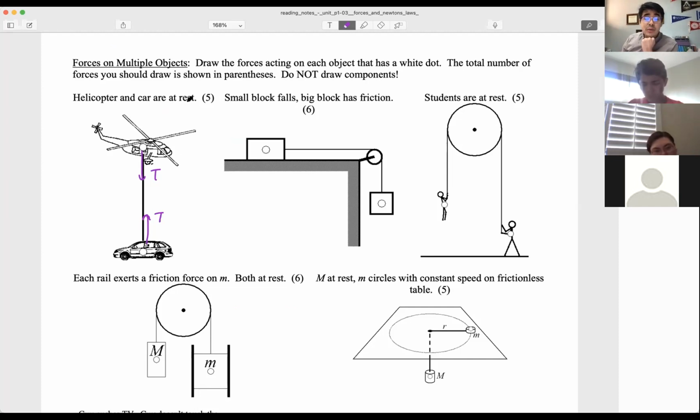When it says something's at rest, then each body itself needs to have equal and opposite vectors also. So this car is going to have an mg here, right? What do you think's pointing up on the helicopter then?